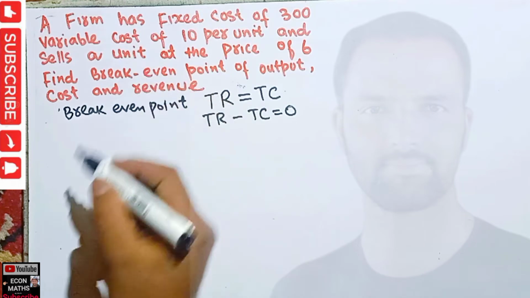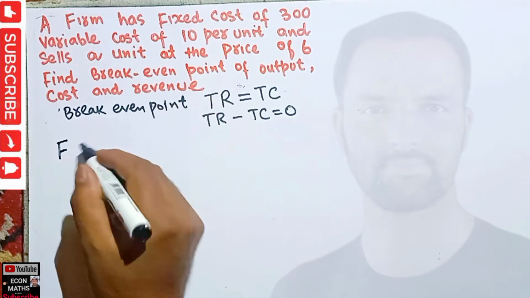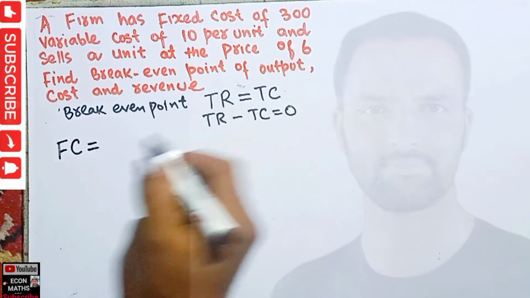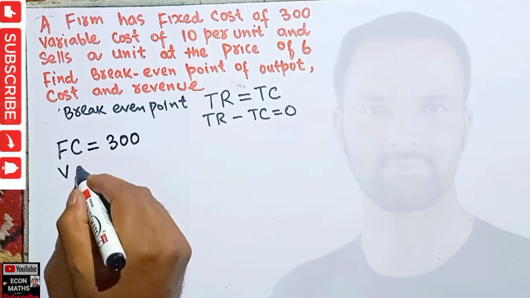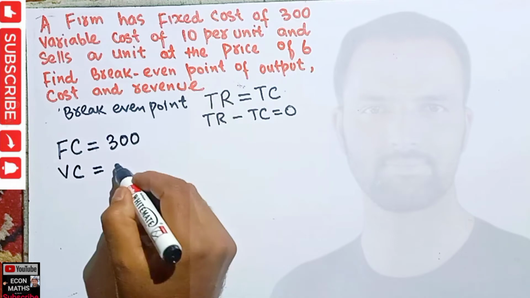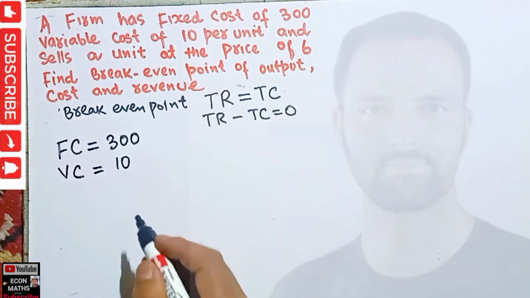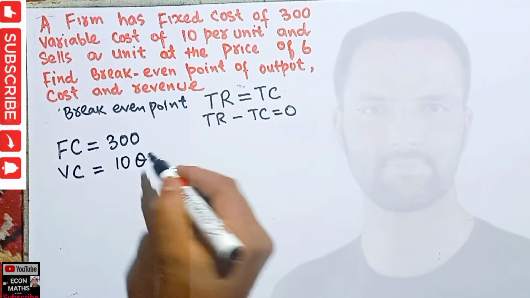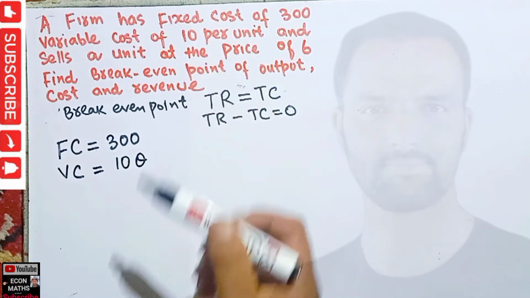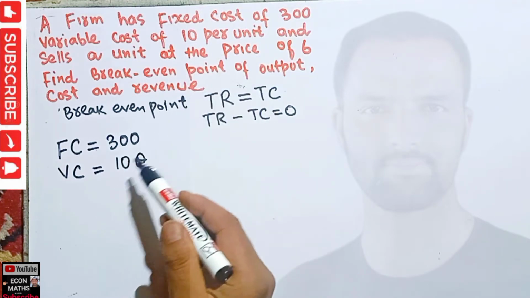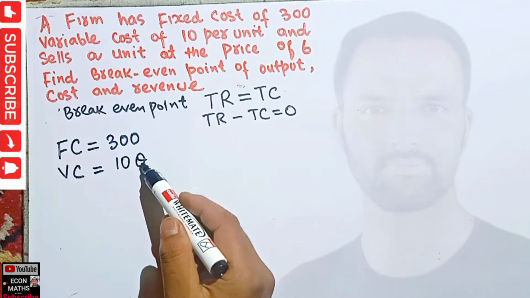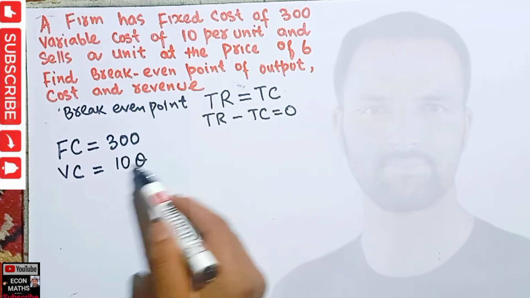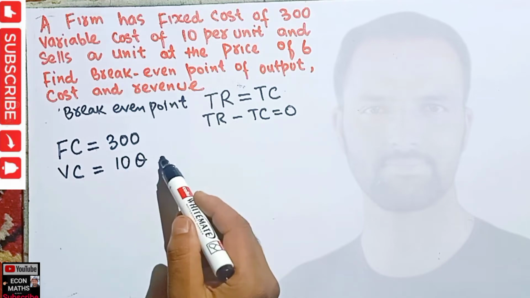Now what we are being given: fixed cost, let us write FC, is given as 300. And we have variable cost equal to 10 per unit, and let's denote output by Q. That means if Q is equal to 1, variable cost will be 10 into 1, that is 10.